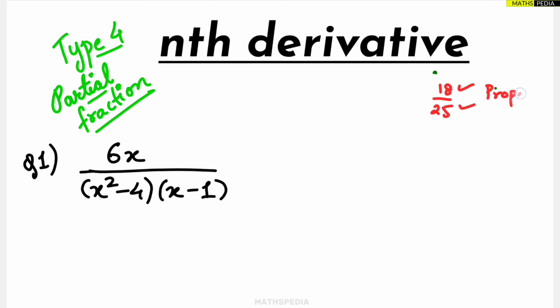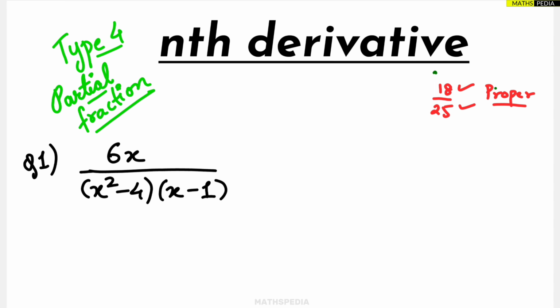So we call it a proper fraction. The same concept applies here, but in polynomial functions we have to see the degree. If it is x power 1, we call it degree 1, x power 2, degree 2. So it is linear, quadratic, cubic, and so on, right? So the same concept applies here.